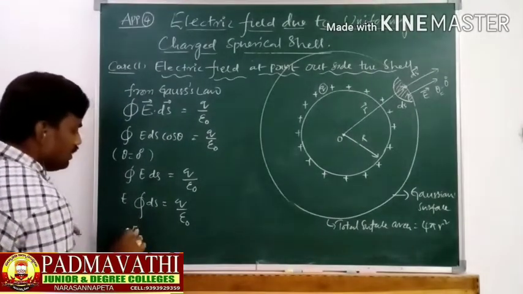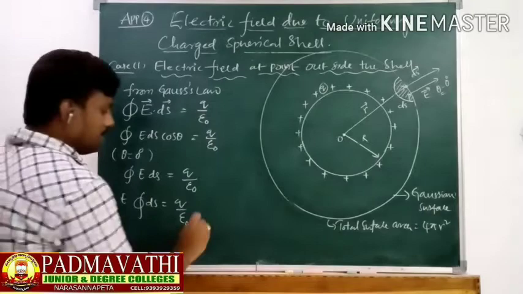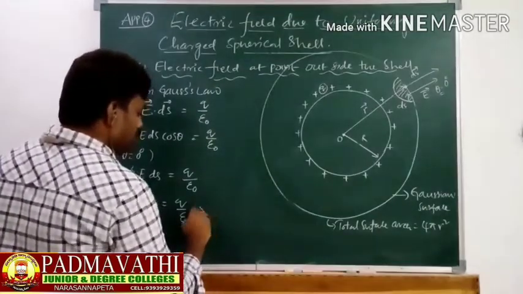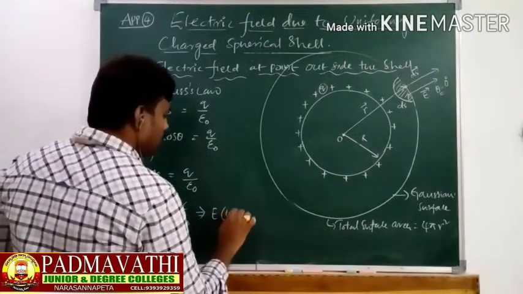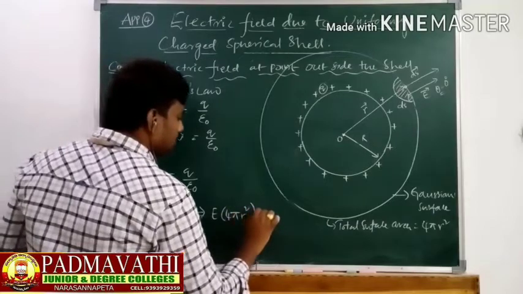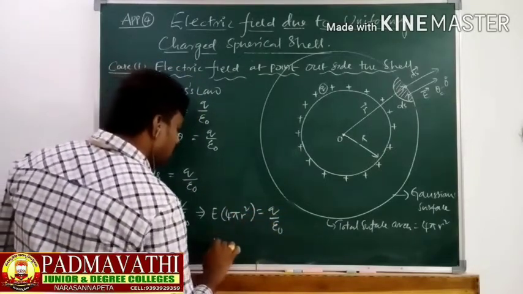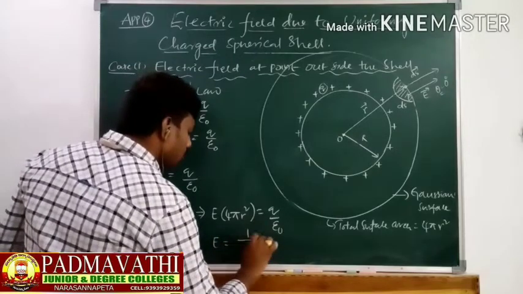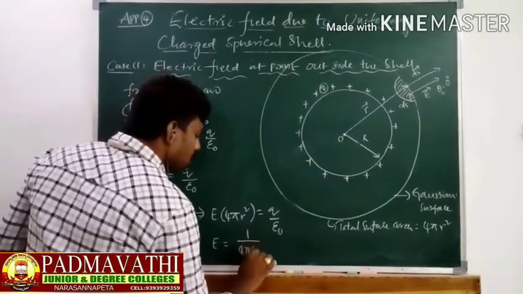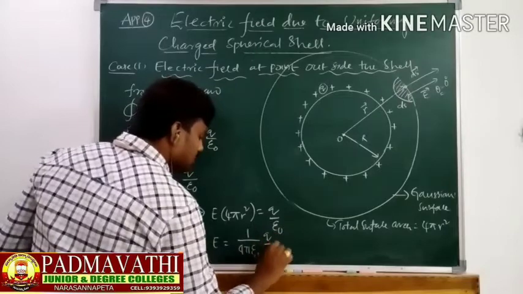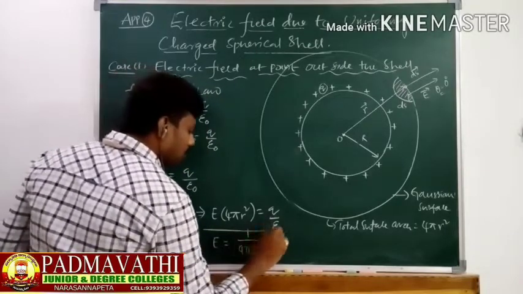So this implies E into 4 pi r square must be equal to q by epsilon naught, and here E must be equal to 1 by 4 pi epsilon naught q by r square. So this is the final formula.